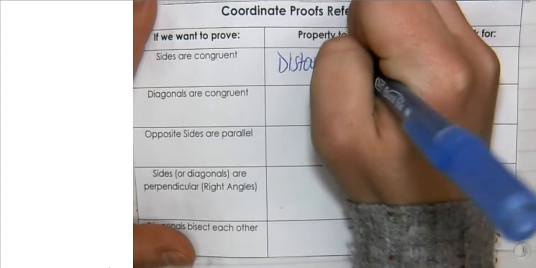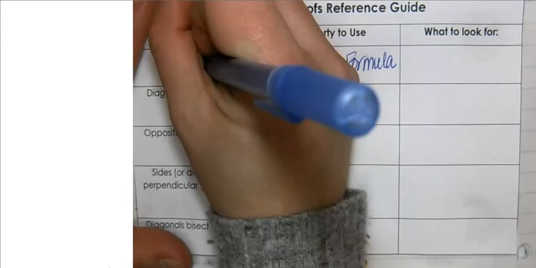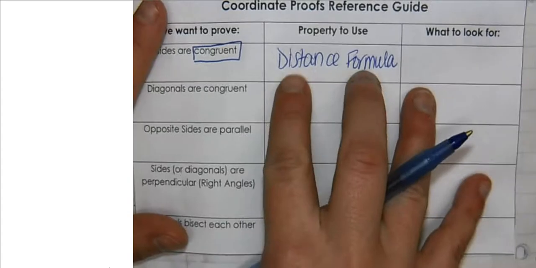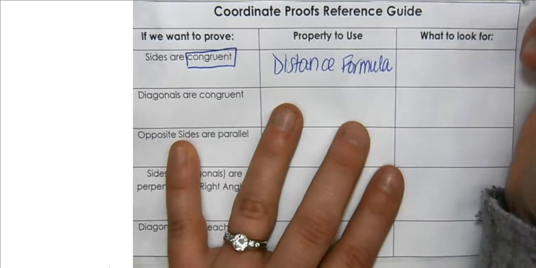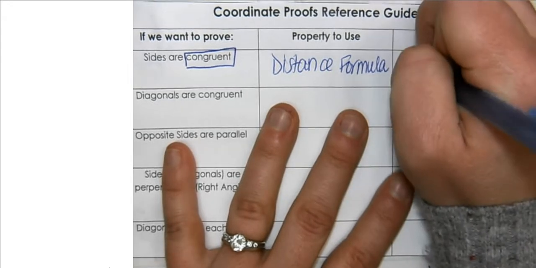So if you want to prove that side lengths are congruent, whenever you see the word congruent, that means we're going to look at the distance formula, and what we want to look for is the same distance.